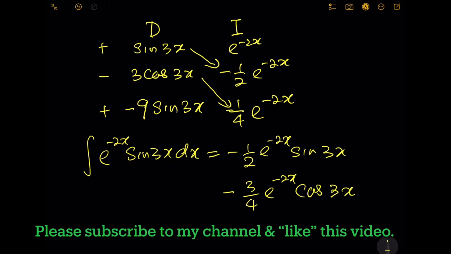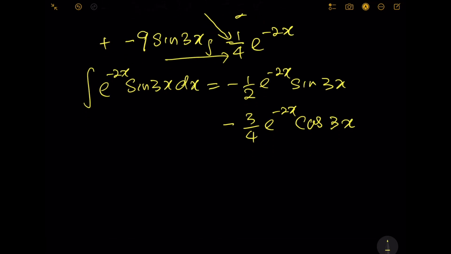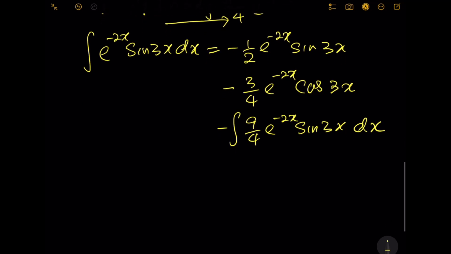The third one is here, but with the integration sign, which is there is a plus here, negative minus here, which means negative integral 9 over 4 e power negative 2x sine 3x dx. So we will move this part to the left hand side so that it becomes positive, and factor.